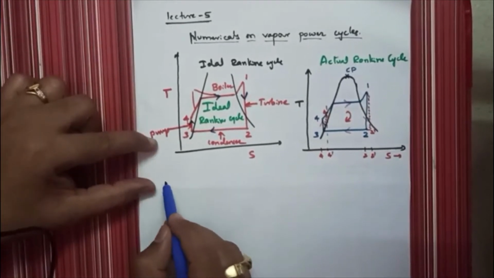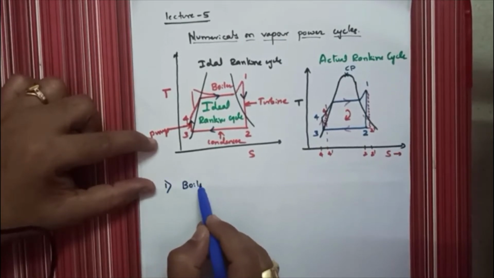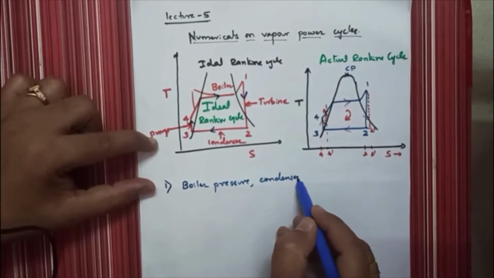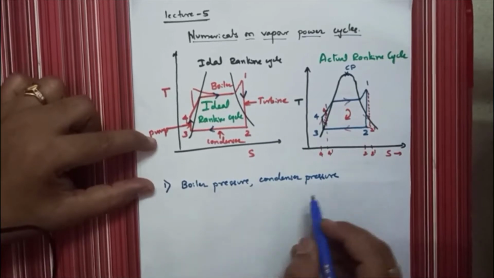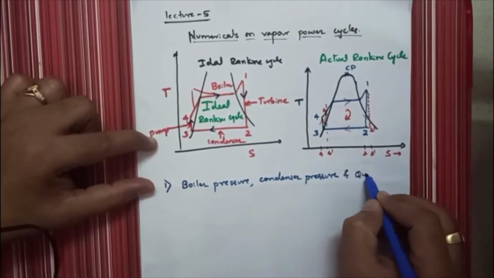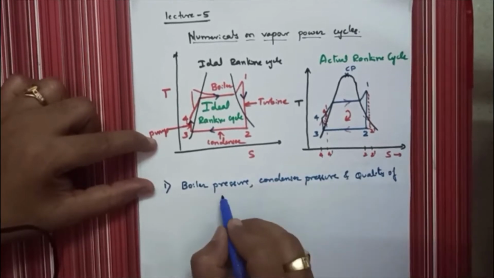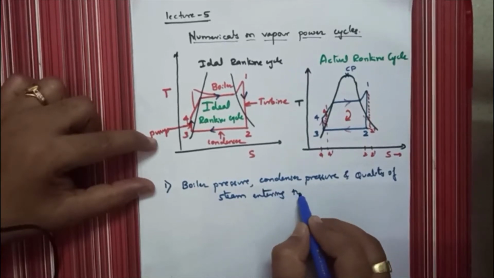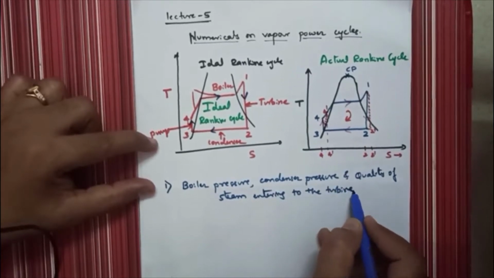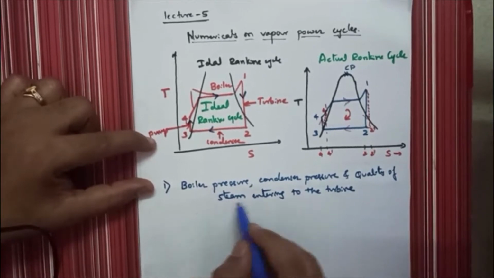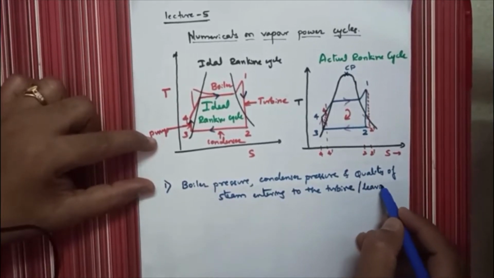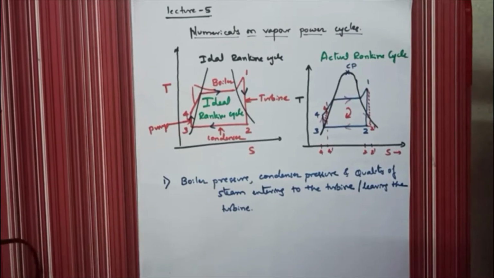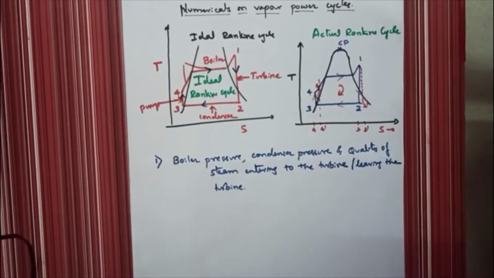First data is related to boiler pressure, and condenser pressure he will give, and one more data he will give, the quality of steam entering to the turbine, and one more data he will give, the quality of steam leaving the turbine. So these minimum 3 data are necessary to solve the numericals.